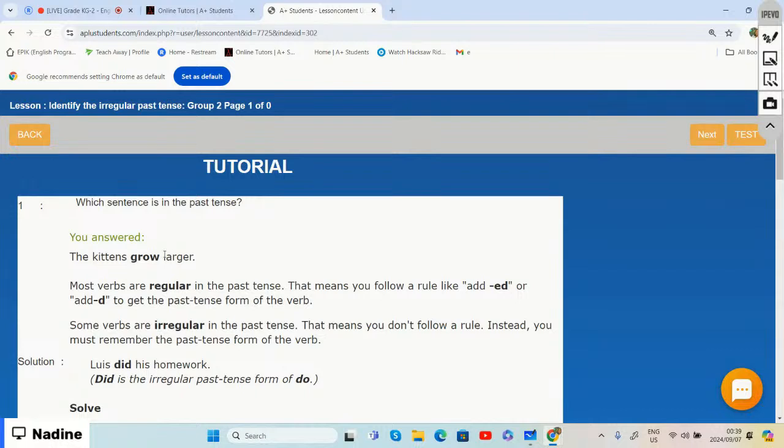It says the kittens grow larger. Grow larger. What is the past tense of the word grow? The kittens grow larger.